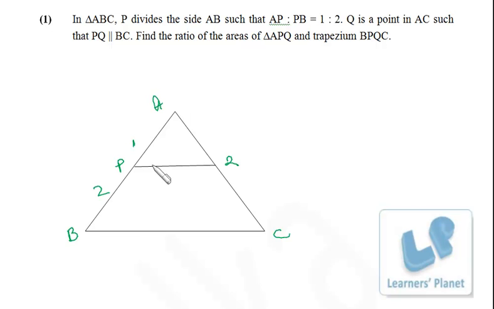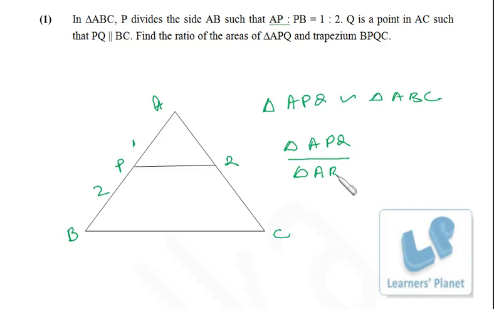Now since PQ is parallel to BC, I don't have to remind you that in that case triangle APQ will be similar to triangle ABC, right? That means the area of triangle APQ by the area of triangle ABC will be equal to the square of their corresponding sides.